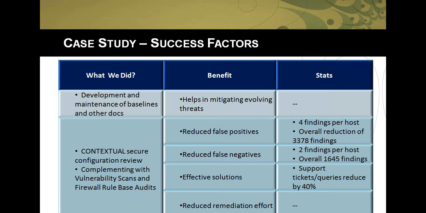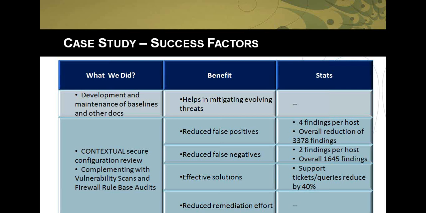Overall, 3,378 vulnerabilities were reduced. Adoption of contextual assessments also enabled Palladium to provide better solutions, which is evident by the approximately 40% reduction in support tickets, which eventually reduced the bank's support team remediation effort as well.